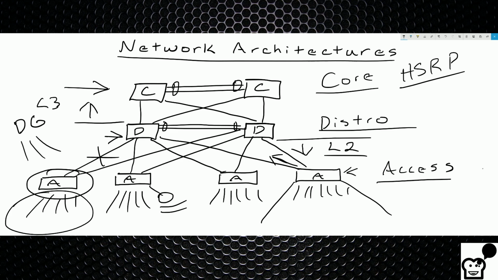And you can run a standby group between distribution switch 1 and 2, where if this one were to fail, distribution switch 2 would automatically take over as the default gateway for VLAN 10. And that way, if your distribution layer switch just completely fails, then your access layer switch still has a default gateway, and all your clients do as well.